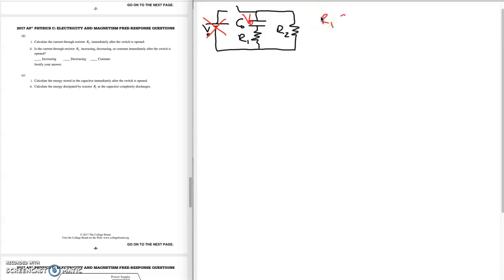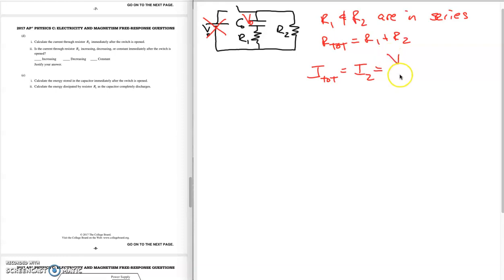So resistor 1 and resistor 2 are in series. So resistance total is going to be R1 plus R2. And the current total is going to be also the same as the current through I2. Every charge that goes through R2 also has to go through R1.